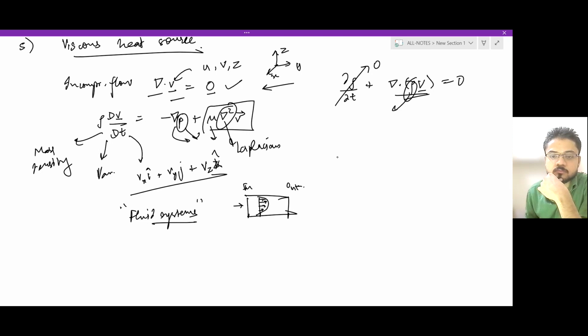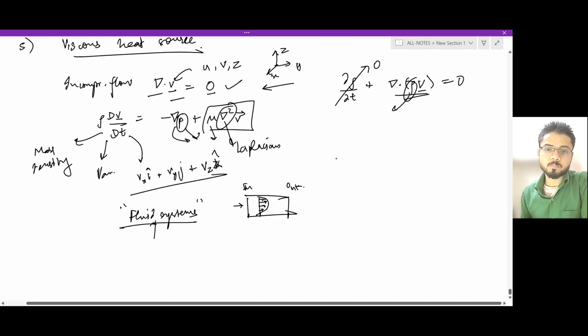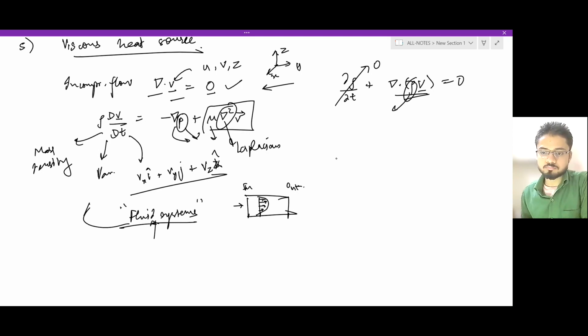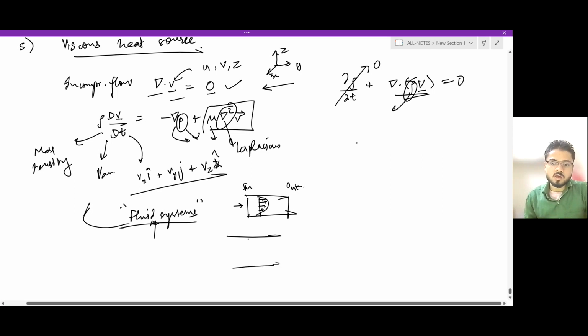So anything that involves fluids, and wherever you're trying to model some physical problem using the Navier-Stokes equations, that would comprise a fluid system. And using the Navier-Stokes equations in different problems, if you remember, the last problem that we encountered was something like this: flow through a channel.